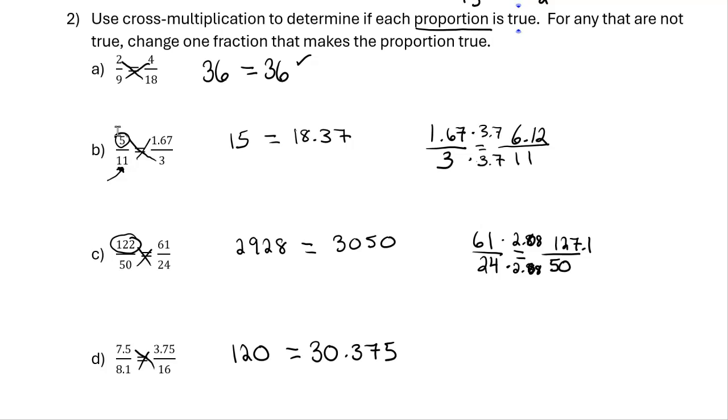But either way, that proportion is not true. So if we would continue and try to find a fraction that made it true, we would figure out how you get from 16 to 8.1, multiply top and bottom by that value, and then that gives us our new numerator.